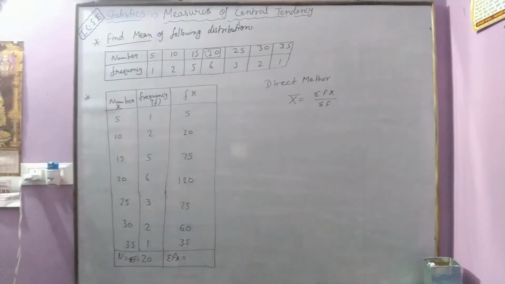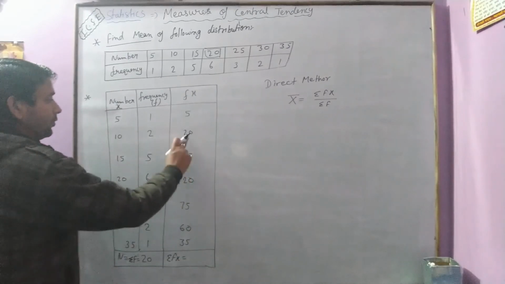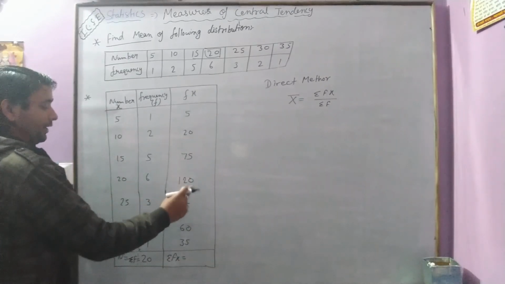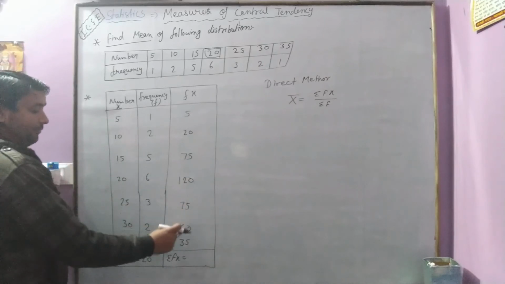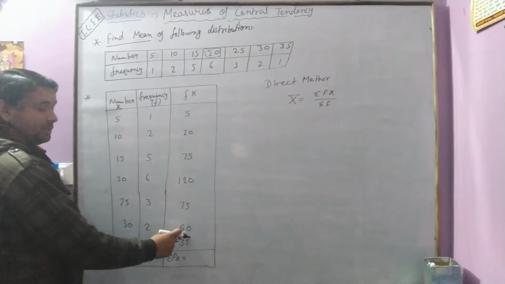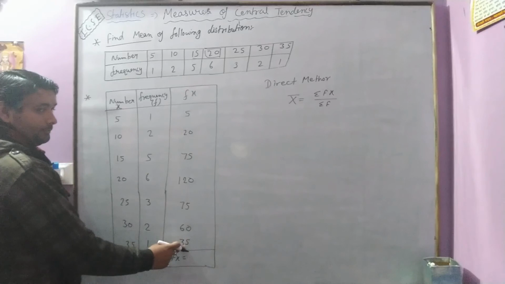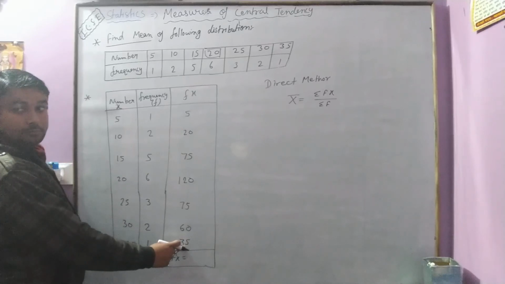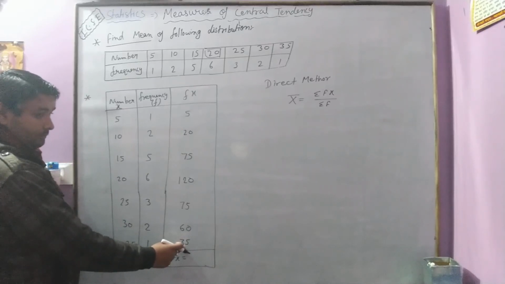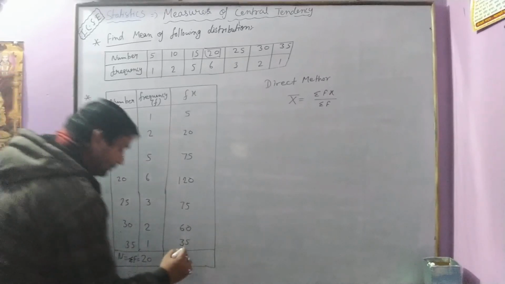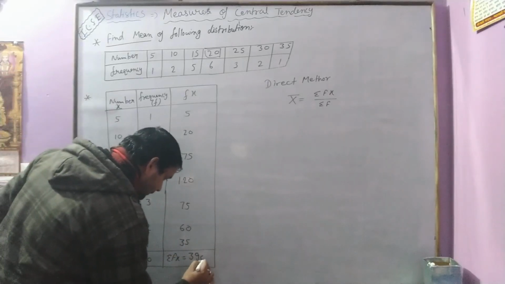Calculate it. How much is it? 25, 100, 220, 295, 355, 390.